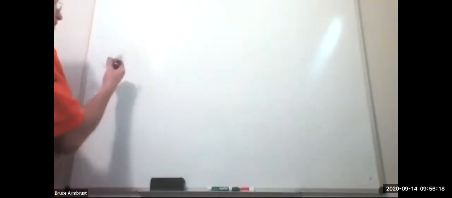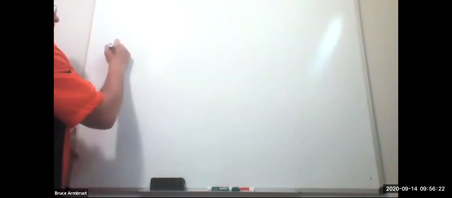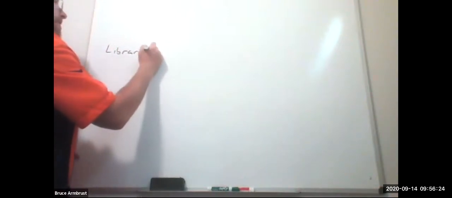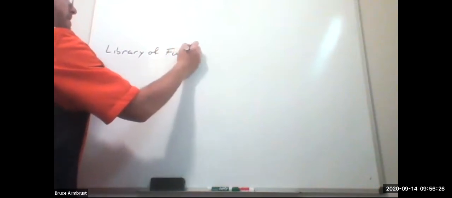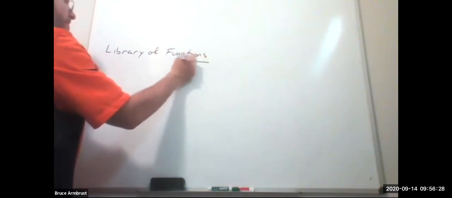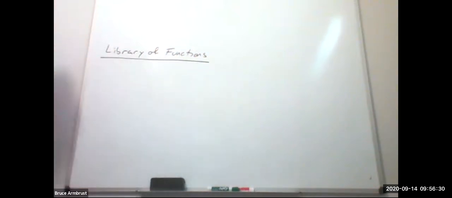How about at this point, we just talk about some of the types of functions. I'm going to call this the library of functions, meaning these are functions that you should know well, like domain, range, graph, increasing, decreasing.